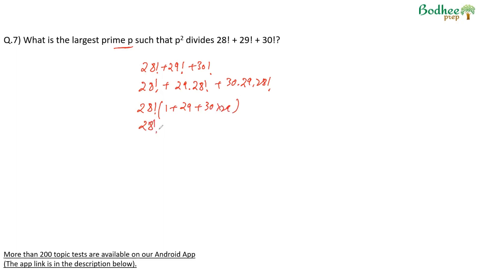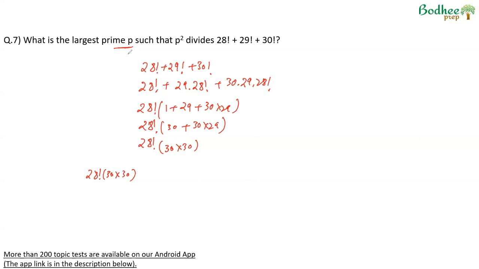This becomes 28 factorial into 30 plus 30 into 29, which further becomes 28 factorial, taking 30 common, 29 plus 1, which is again 30. So the value that we now have is 28 factorial into 30 into 30.